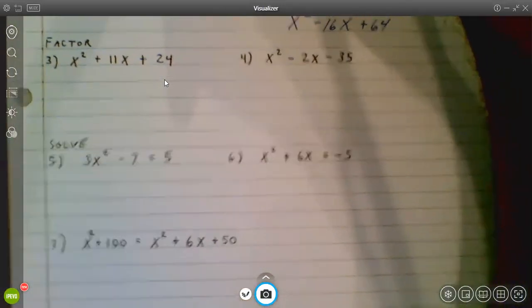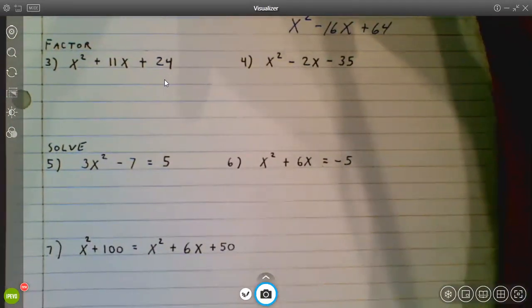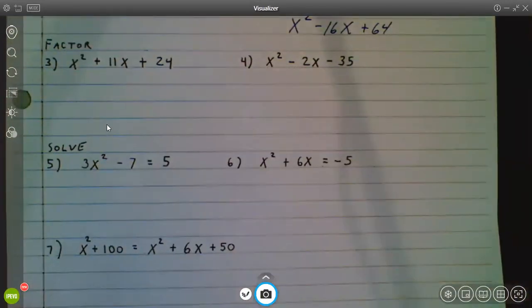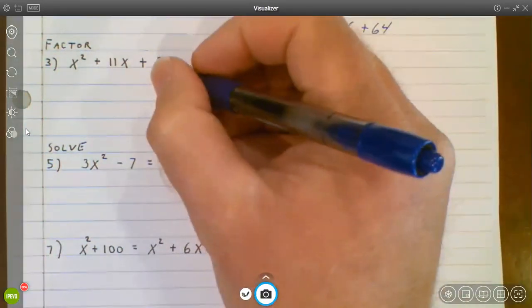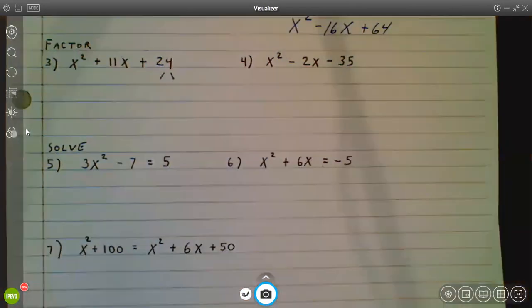Okay, and so the way that we will factor these, and there's multiple types of factoring, this is one basic type of factoring. When I recognize that there are three terms, we've got x squared plus 11x plus 24. If you have three terms, we can factor these by looking at any two numbers that would multiply to be 24 and add to be 11.